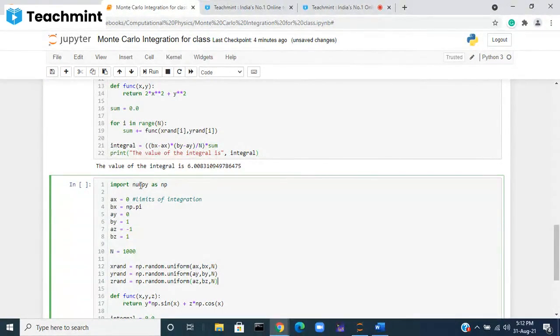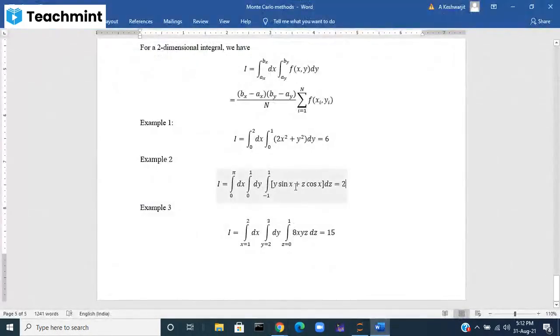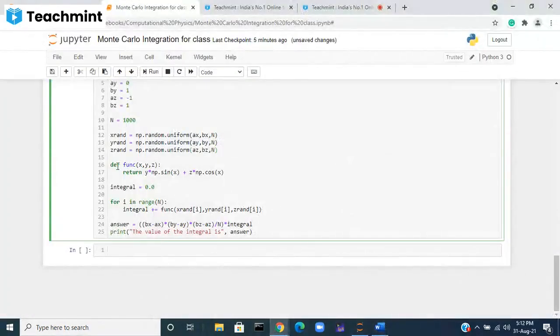Whenever you want to call numpy, you simply write np dot and the function. So np dot sin x. So this is y sin x plus z np dot cos x. So this is z cos x. So y sin x plus z cos x is the integrand.